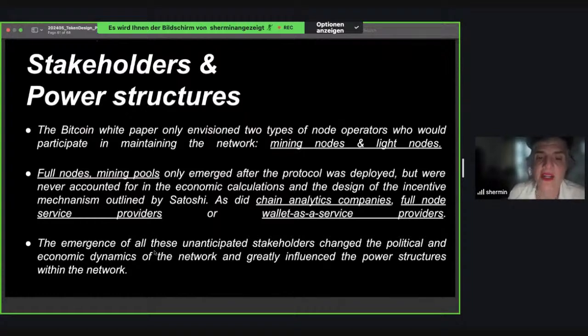Full node service providers and wallet as a service providers have emerged and have re-intermediated Bitcoin as a financial asset, which was supposed to be a peer-to-peer financial asset.